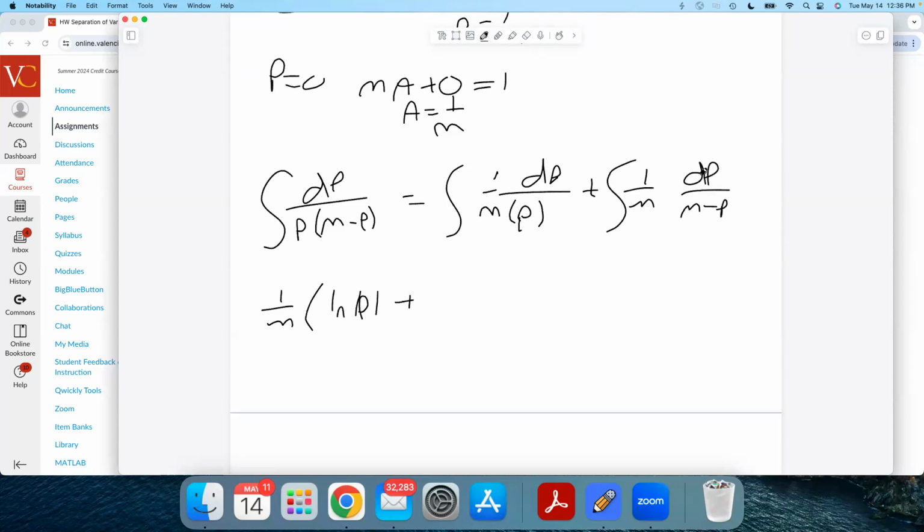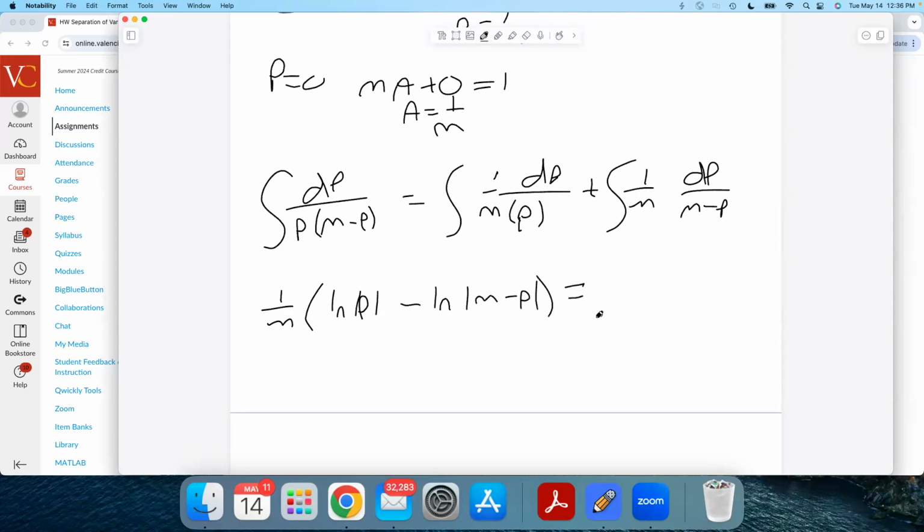The antiderivative of 1 over M minus P dP, I'm going to pick up an extra negative sign there. I'm going to end up with a minus natural log absolute value. Again, we're going to ignore the absolute value because this will always be a positive number. P will always be less than M. This is positive, that's positive.